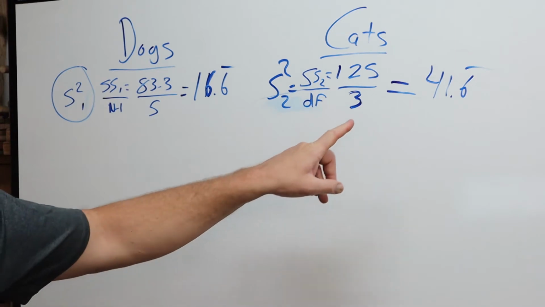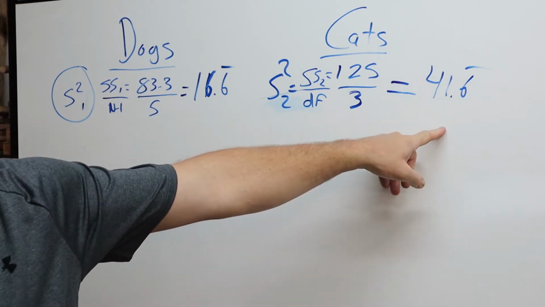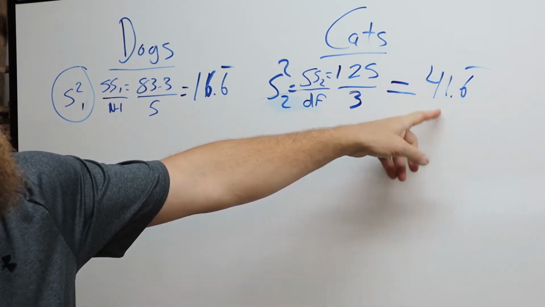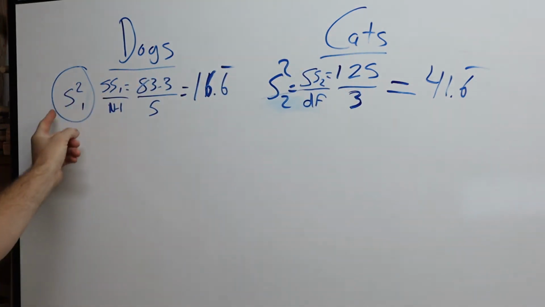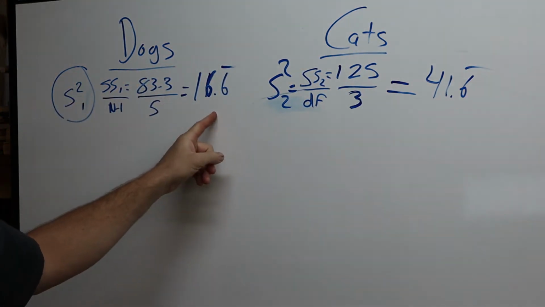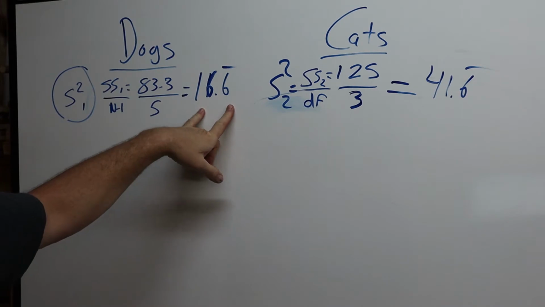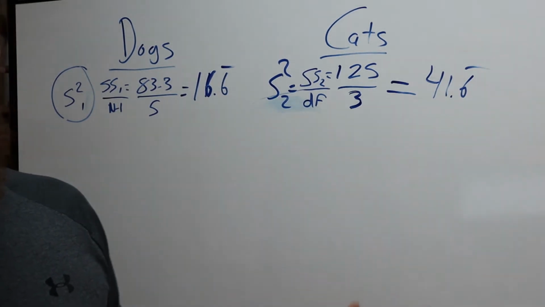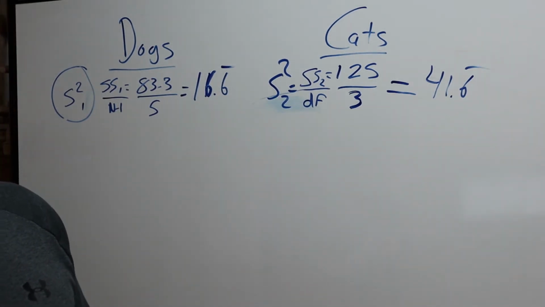So now that we have an estimate of the population variability from group 2, and we have S2 for group 1, you say, well, which one do we use, 16 or 41? Turns out that 16 and 41 are quite disparate. So how are we going to reconcile that?